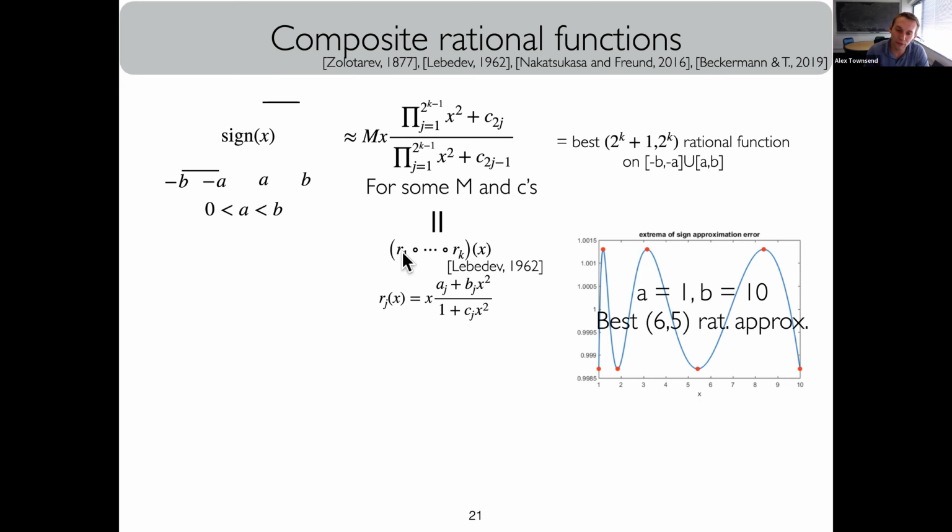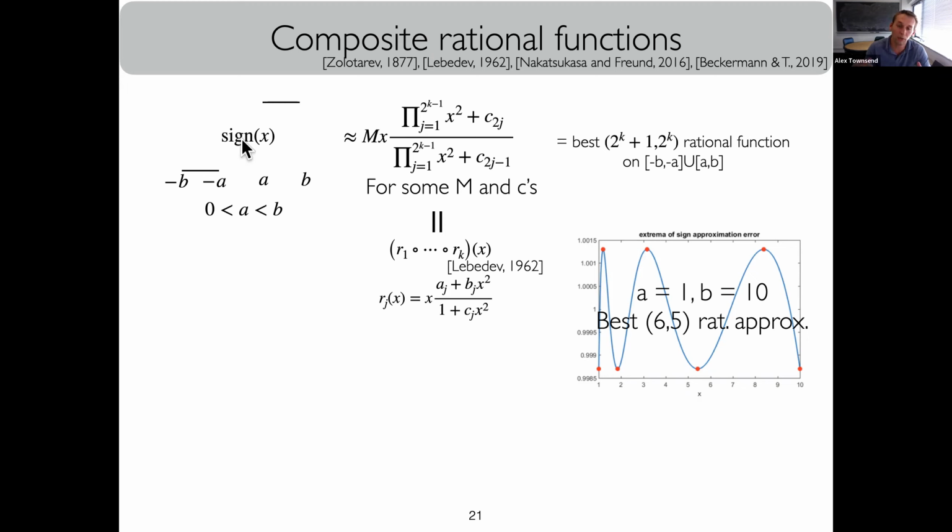And so Zolotarev wrote down these a_j's, b_j's, and c_j's so that this function here, which is the best fit to this sign, only involves 3k parameters instead of an exponential number of parameters. So here you can think of this as, okay, there's no linear part of this neural net, but the nonlinear activation functions are these type (3,2) rational functions.